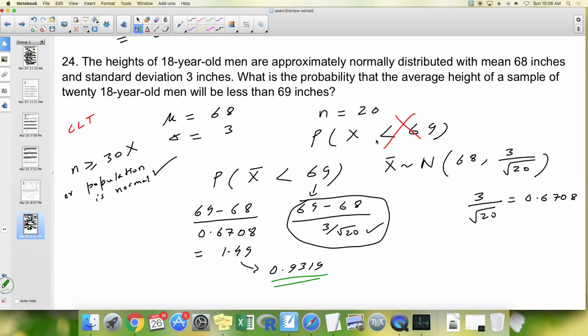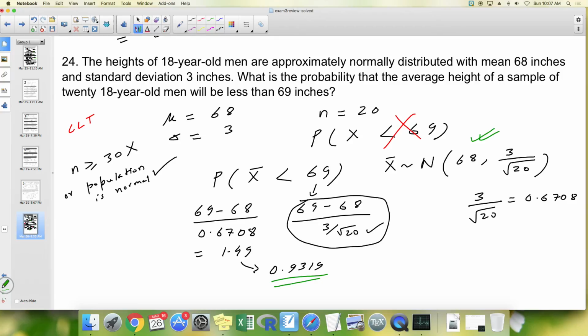Also, let me make this remark. Once you write this equation, the CLT equation, after that the whole problem becomes like an ordinary normal problem.